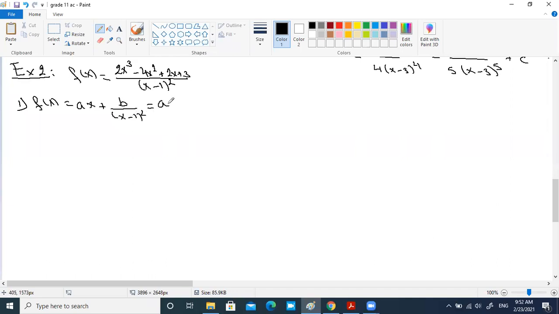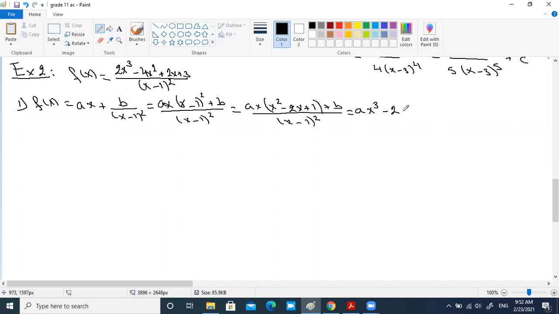How to find a and b? Take common denominator. So it is ax into x minus 1 squared plus b over x minus 1 squared, which is ax, expand here, x squared minus 2x plus 1 plus b over x minus 1 squared, which is equal to ax power 3 minus 2ax squared plus ax plus b over x minus 1 squared.